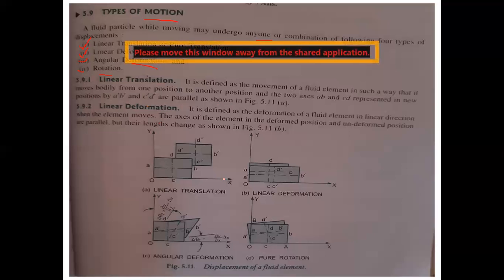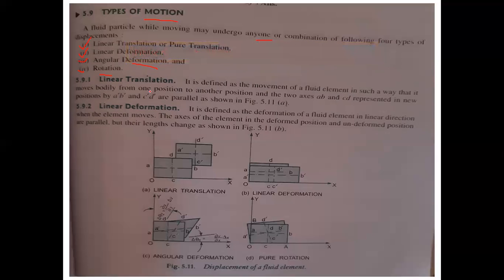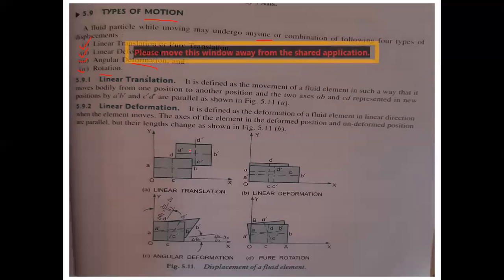In linear translation, it is moving purely in x direction or y direction. When pure translation happens, only displacement occurs, the area is not affected.